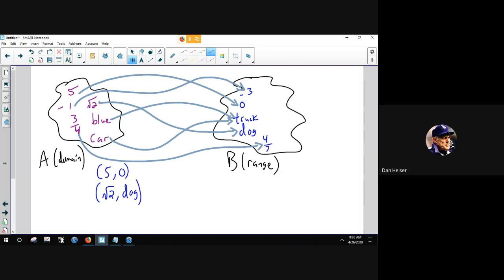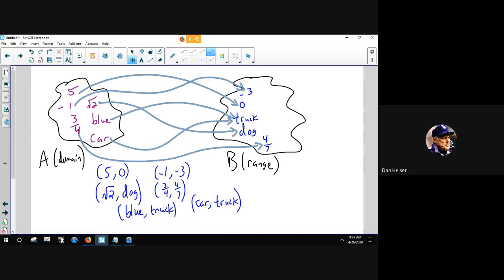If I continue my ordered pairs here, we said -1 is -3, 3/4 was 4/7, blue went with truck, and car also went with truck.